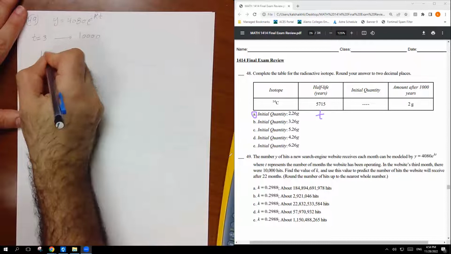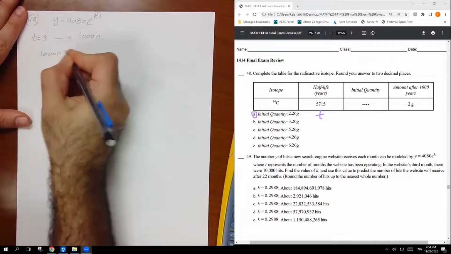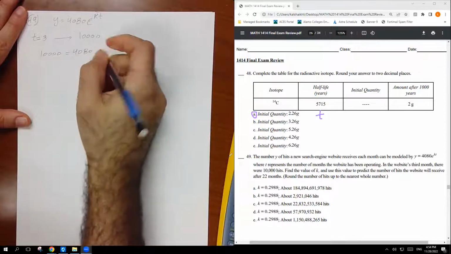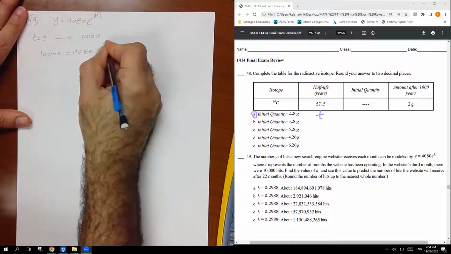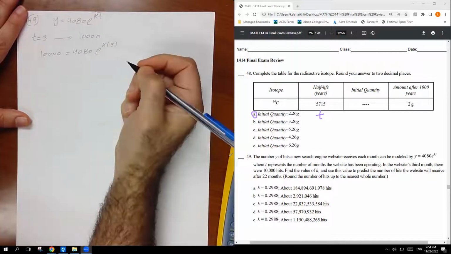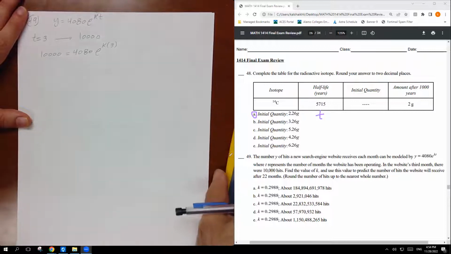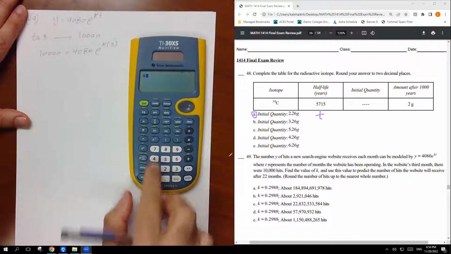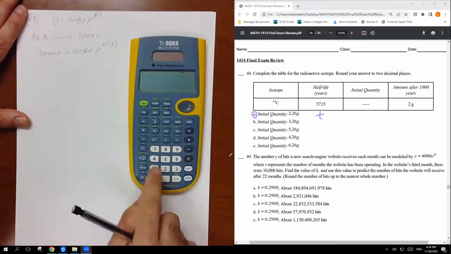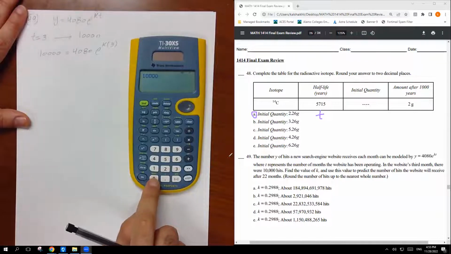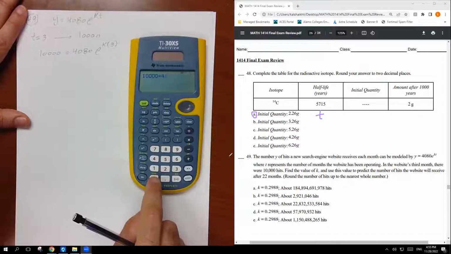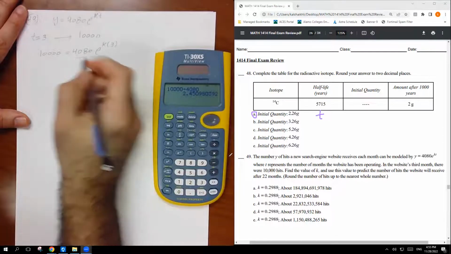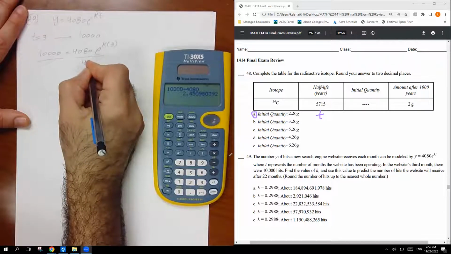So that means 10,000 equals 4,080 e^(k) in the 3rd month. So next step, I'm going to divide both sides by 4,080. That means 10,000 divided by 4,080 is going to be 2.45098.